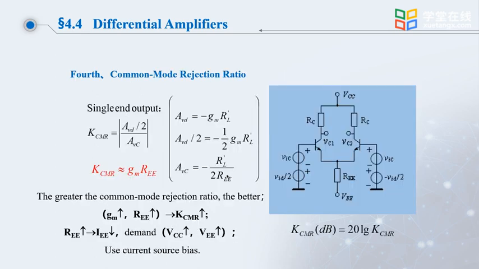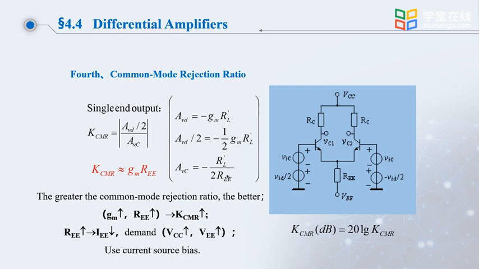Let me introduce the concept of the common mode rejection ratio. Because the output voltage of the common mode signal is 0 when the output is double-ended, we only consider single-ended output. We compare half of the differential mode gain with the common mode gain. We call this ratio the common mode rejection ratio, written as KCMR.